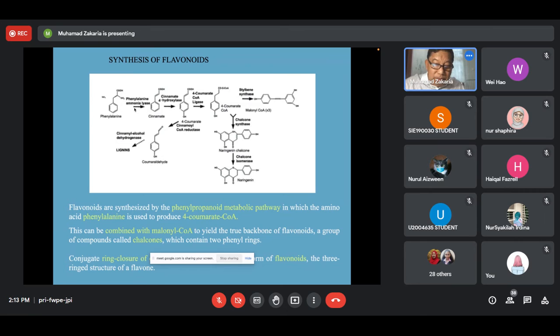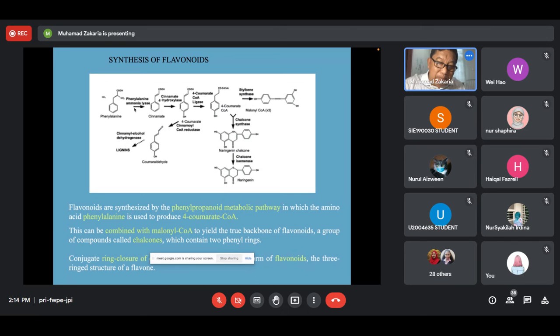If you look at this diagram which I showed you, you can see the whole process. From coumarate, cinnamyl-CoA reductase converts the coumaric acid into a compound called lignin.